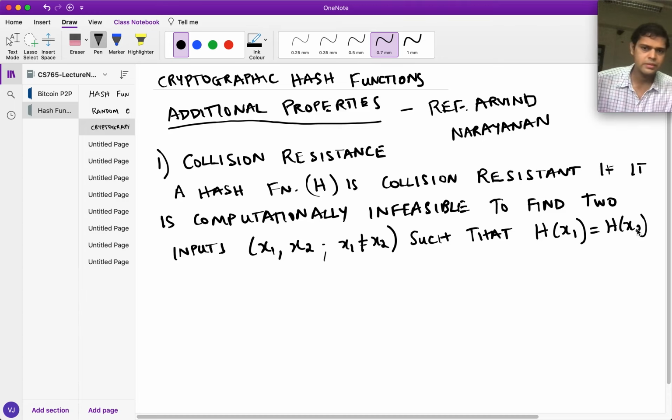So this is something like the unique ID property. We don't want to be able to find two inputs whose output is the same.